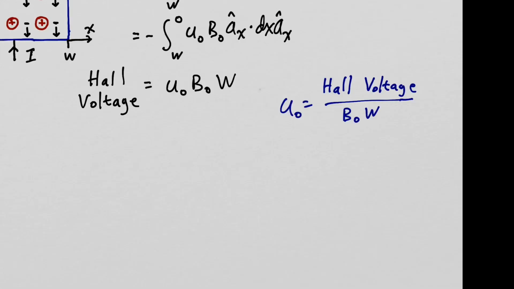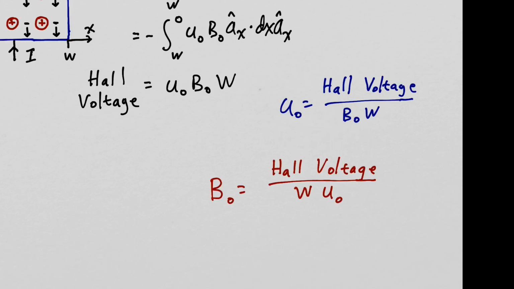The Hall effect can also be used to measure the magnetic flux density field. So if we go back to this equation here, let's solve for our magnetic field intensity. Because we'll know the material from which we built the Hall sensor, for given current flowing through the Hall sensor, we will know the velocity with which the conduction charges are moving. Then from a measurement of the Hall voltage, we can determine the magnetic flux density field.